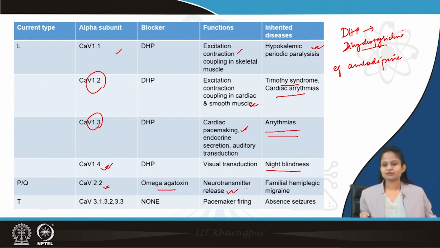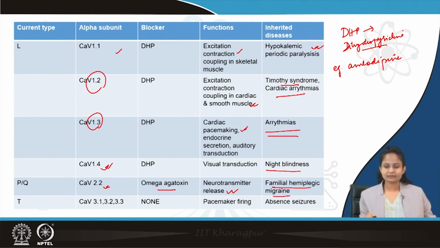Whenever there is non-release of neurotransmitter, the impulse will not get transmitted, there will be hampering in the nerve impulse transmission, and thus contraction and relaxation of the muscles. So, that inherited disease we get from the mutations of this voltage gated channel is familial hemiplegic migraine.